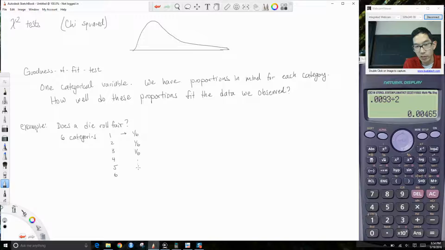So 6 categories, and we expect each face to show 1/6 of the time.